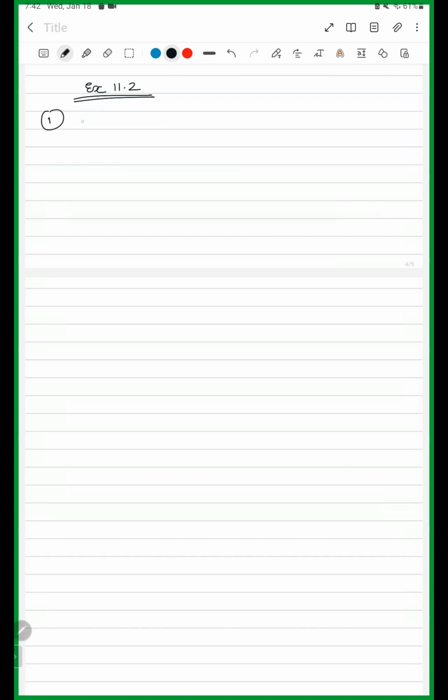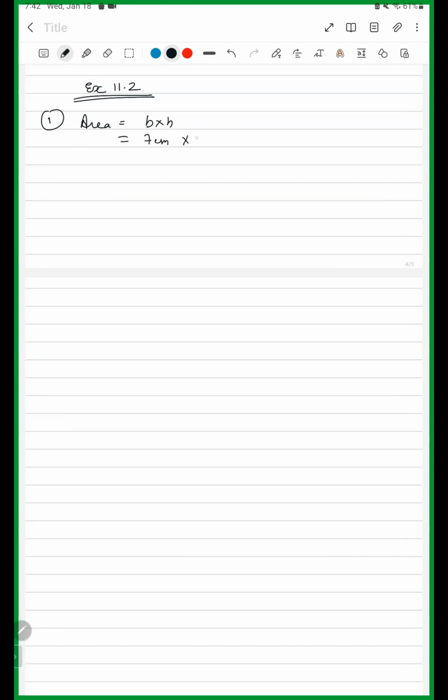Okay, fine. So area of the parallelogram is base into height, so it will be 4 multiplied by 7, so 28. 7 multiplied by 4, because 7 is the base and 4 is the height, है ना?